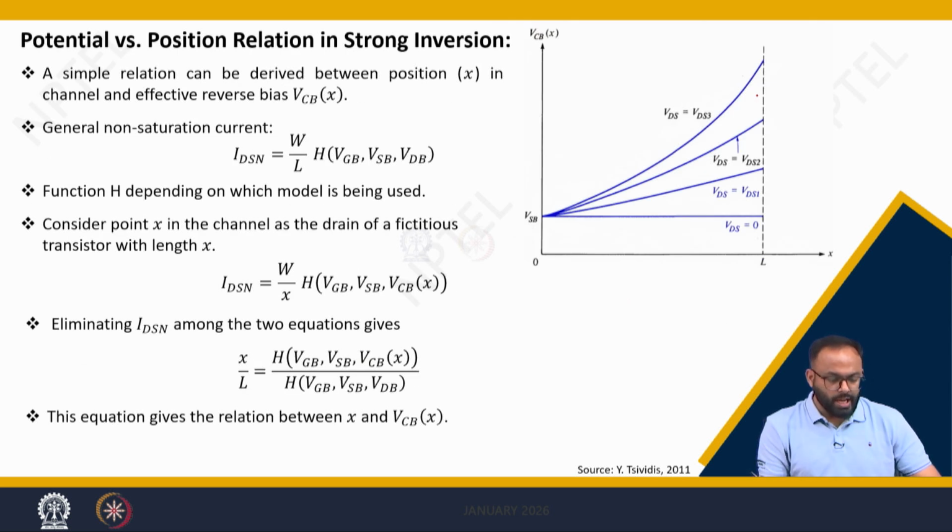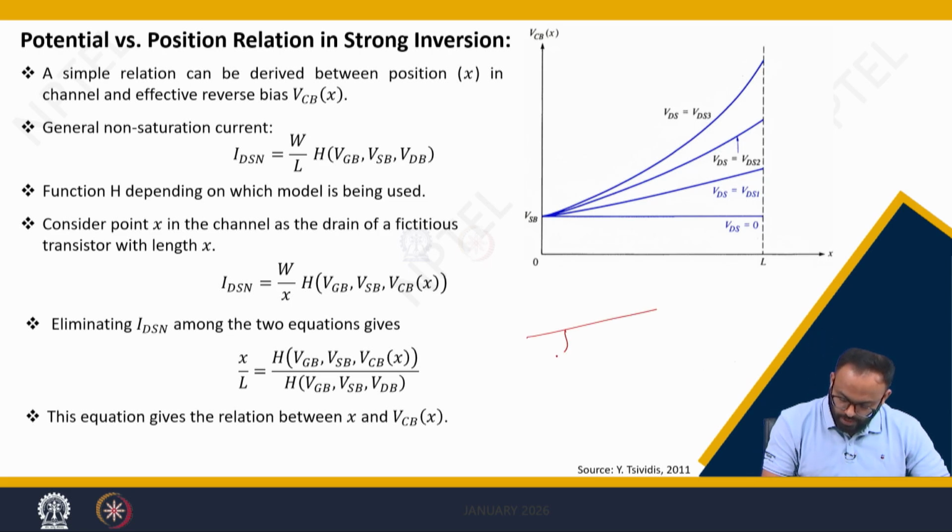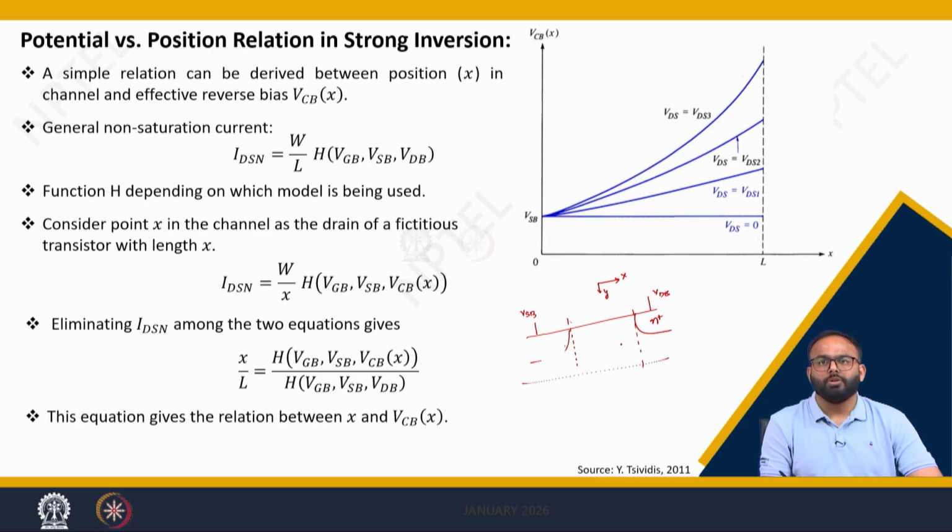Let's see, can we relate the potential with respect to position along the channel. So let us consider I have a MOSFET and this direction is the X direction. This is N plus, this is the drain terminal which is VDB, this is the source terminal VSB, and this direction is X, this direction is Y. So can I represent the potential variation along X with respect to position?